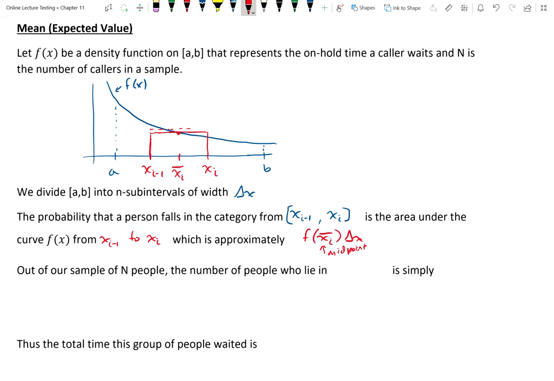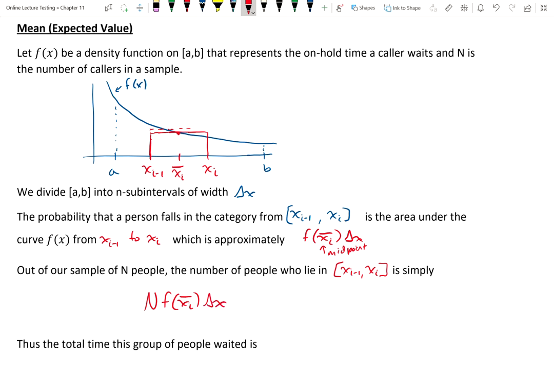Then, out of our sample of n people, the number of people who lie in this interval, from x sub i minus 1 to x sub i, is what? Well, if we know the probability that somebody lies in this group, we just multiply by the number of people in the sample. That means it's simply n times f of x sub i star times delta x. Again, think about that.